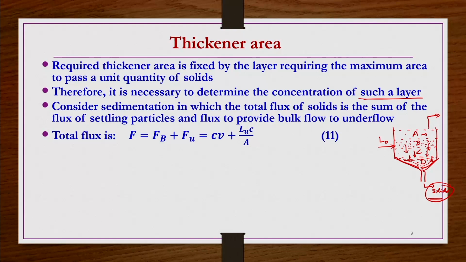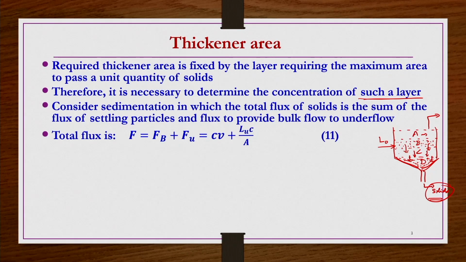So, initially let us say the solids concentration is uniform everywhere, that is C naught concentration was there before the sedimentation starts. Later on, gradually the concentration of solids in A is almost negligible or close to 0, and the concentration of the solids in the D zone is very high. So, from layer to layer as well as with respect to time, this concentration is changing, that is what we understand.